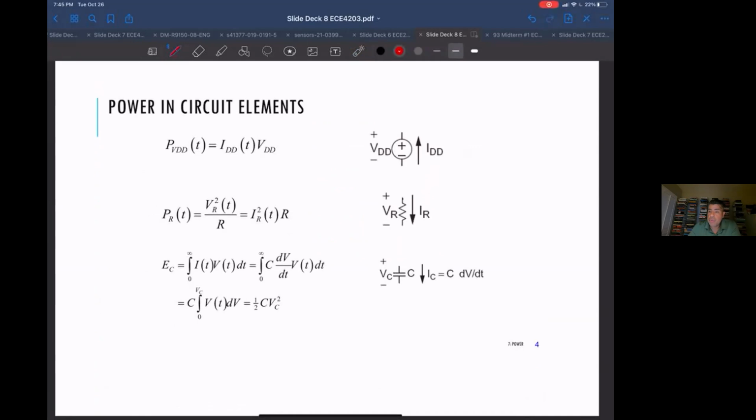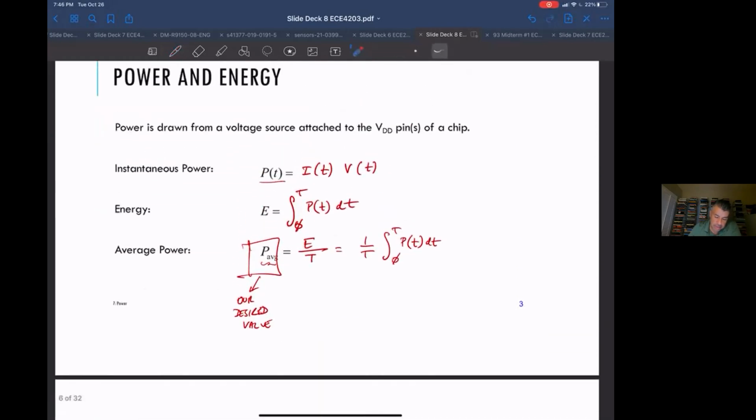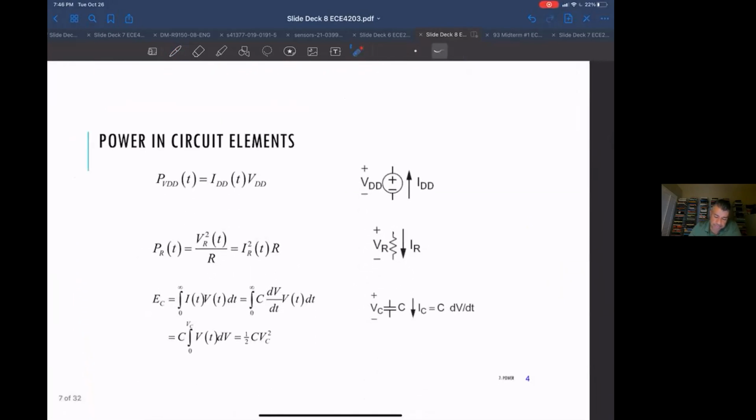Again, hopefully these are reminders for you. If you look at the power consumption in a power supply, we said generically, power consumption is the instantaneous current times the instantaneous voltage. But if you have a power supply, its instantaneous voltage is always constant and equal to VDD.